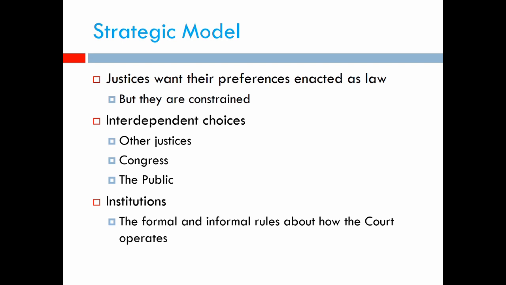So the strategic model says the justices understand that they're constrained by these other people and these institutions, and so when they make their decisions, they do so with this in mind. And when they write their opinions, they write their opinions with this in mind. And the best example of this is, again, Craig v. Boren.